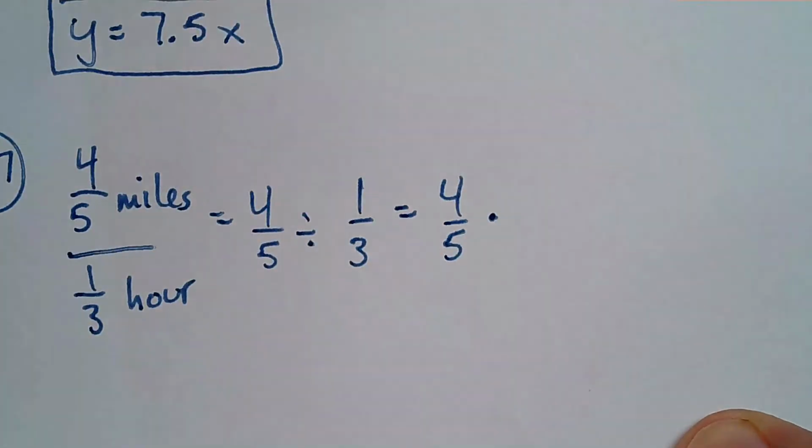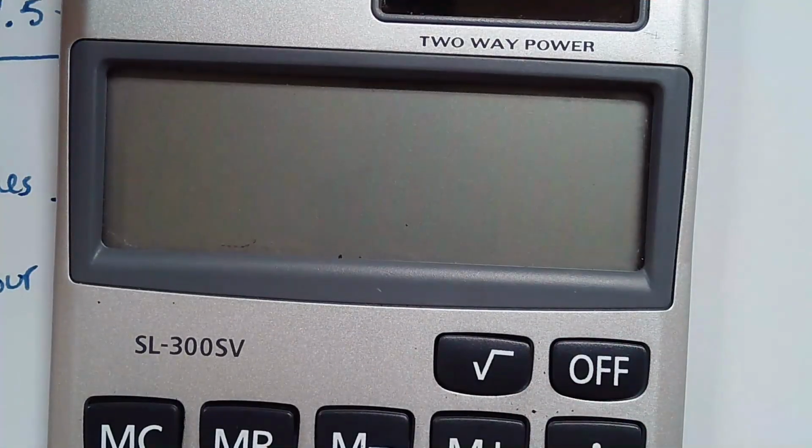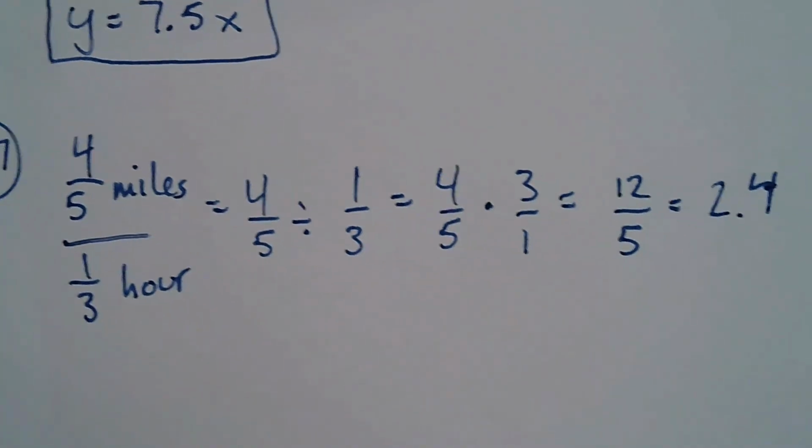Keep, change it to multiplication and flip the fraction. And then 4 times 3 is 12. 5 times 1 is 5. And I guess 12 divided by 5, I can't even think right now. 12 divided by 5 is 2.4 miles per hour.